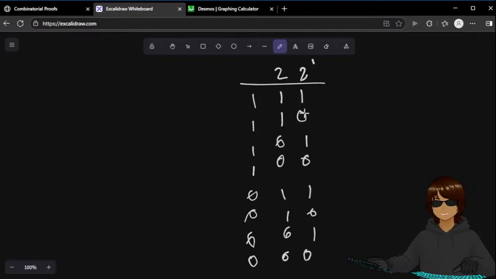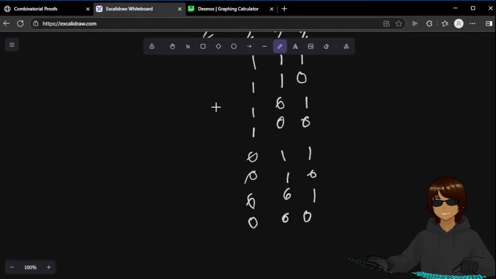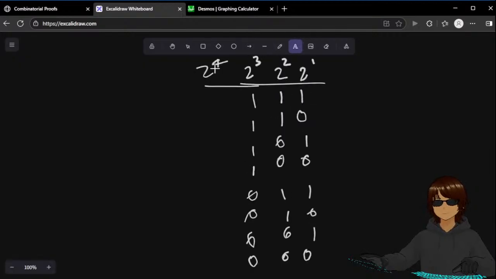Then I had 2 to the power of 2 options, 4 options, and then it gets doubled. So 2 to the power of 3 options, 8. Then 2 to the power of 4 options, and so on. K length bit strings give 2 to the power of k options, right?